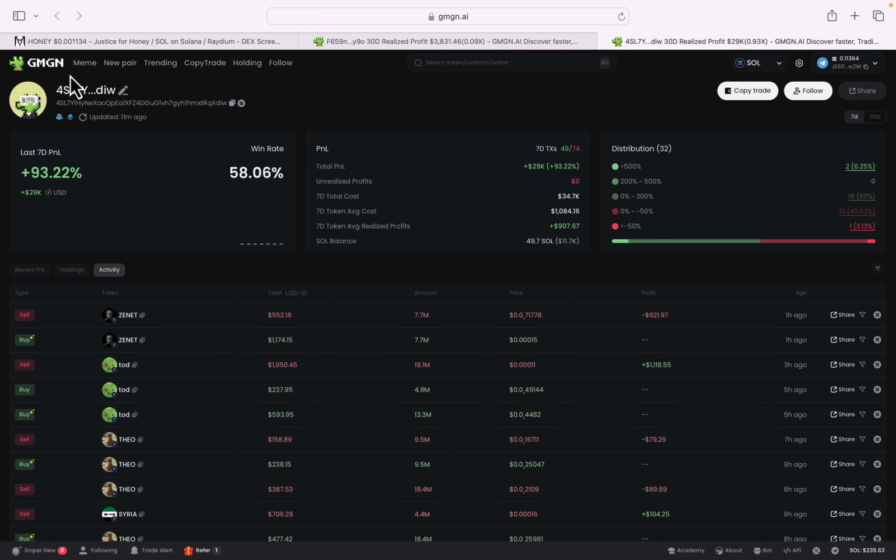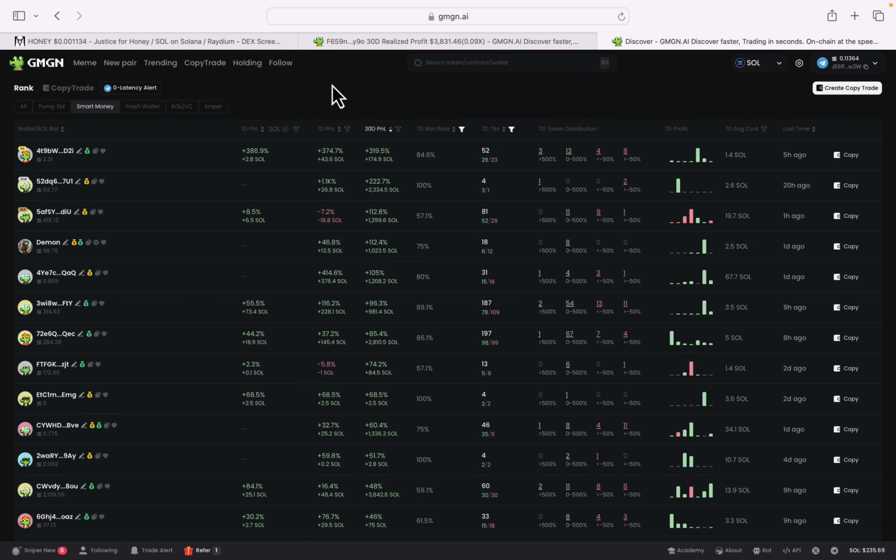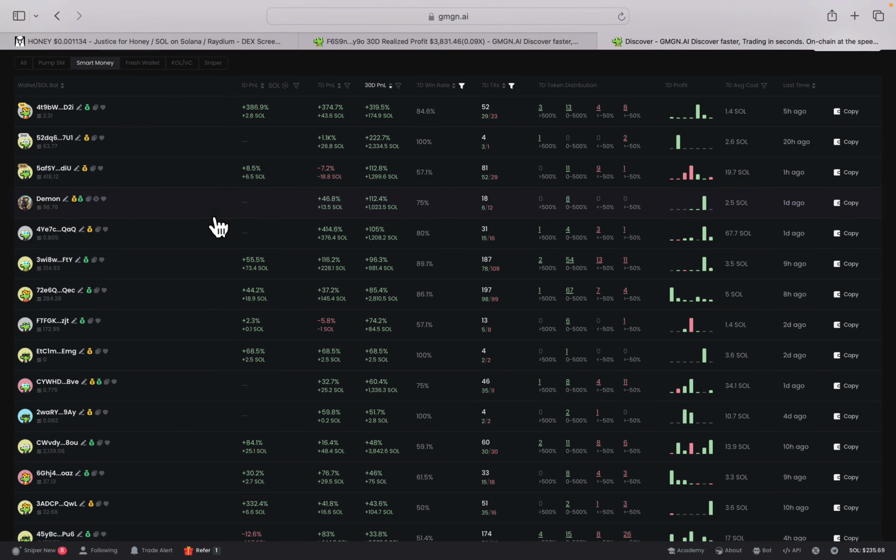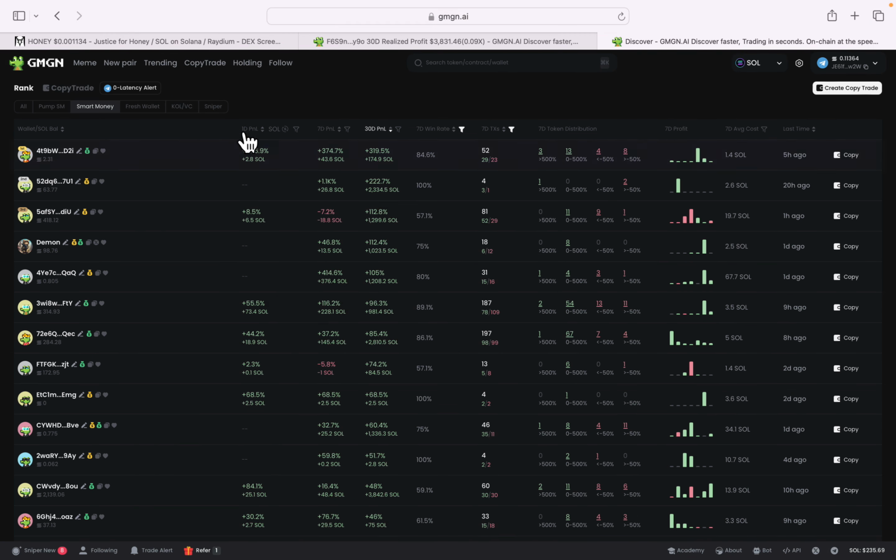Okay, another strategy that we can use is go to copy trade. In here you can find so many successful wallets. However, I don't trust this data. If you check these wallets, you will realize that their performance is not quite accurate.